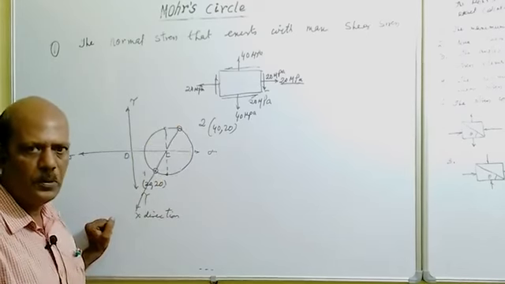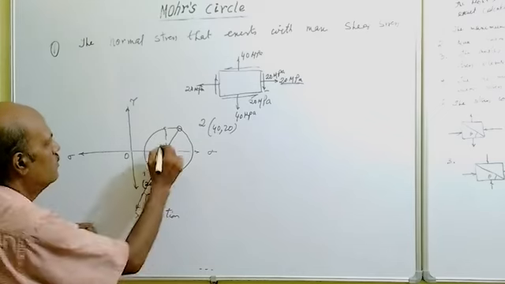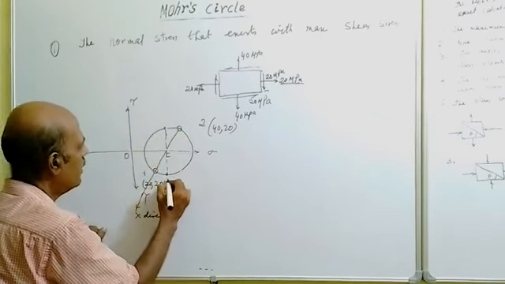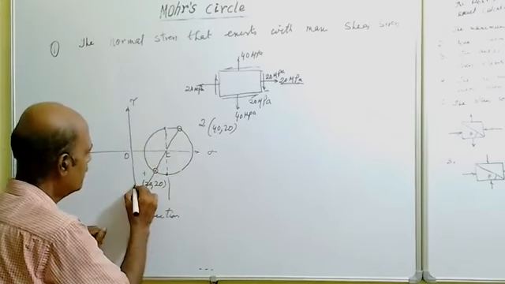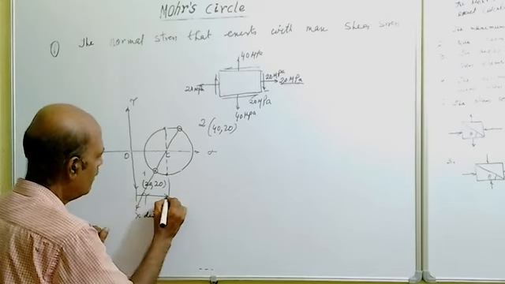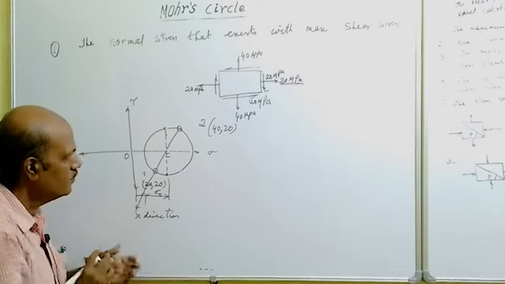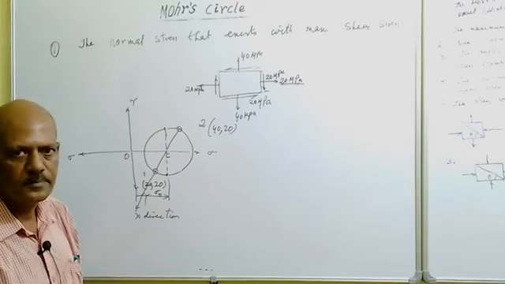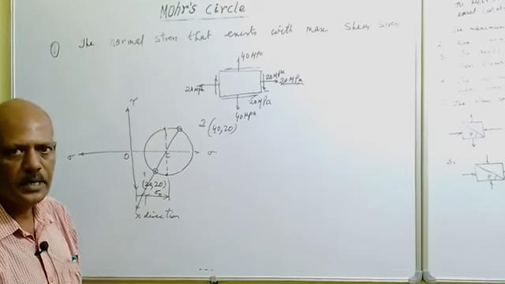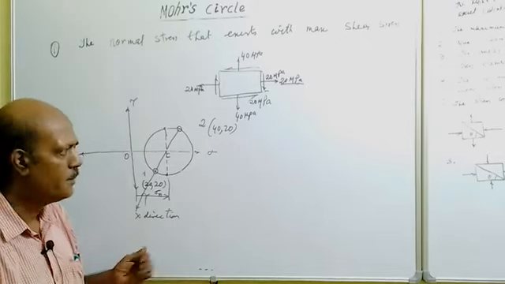So that we know. Now at this point, what is the normal stress? So this is the normal stress acting along with the maximum shear stress, that is sigma n. Is it clear? I hope it is clear.